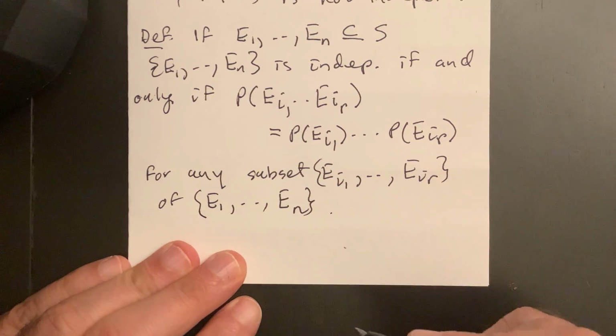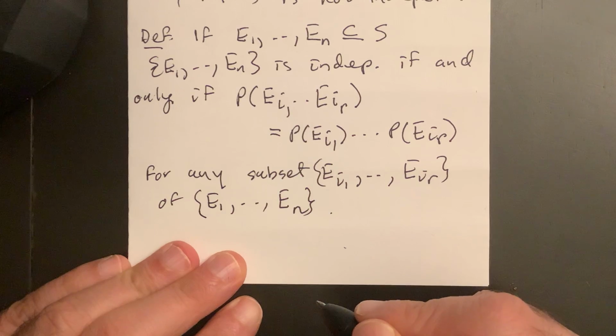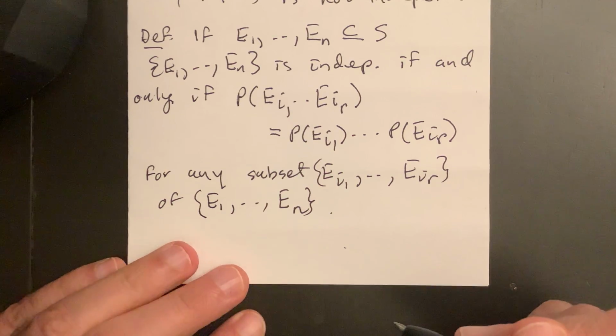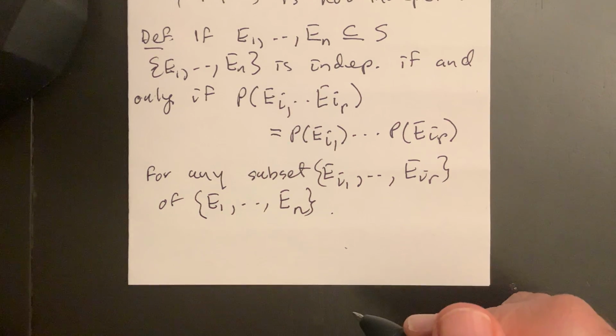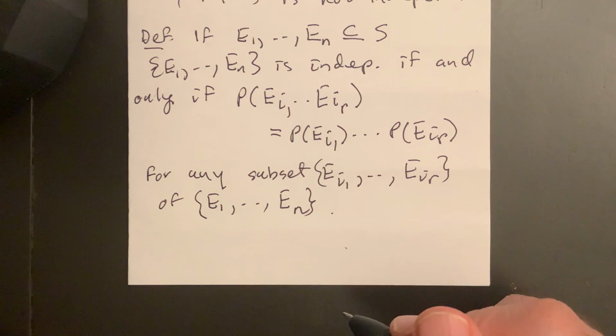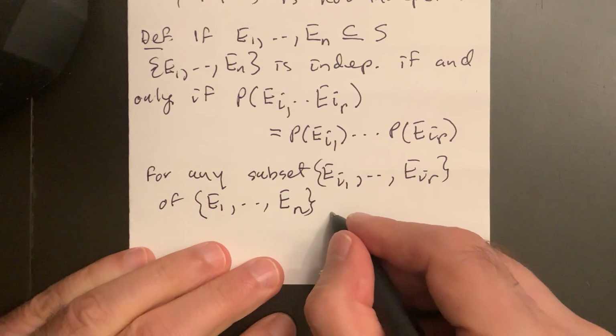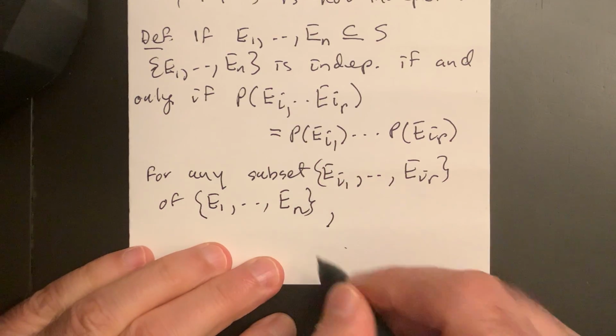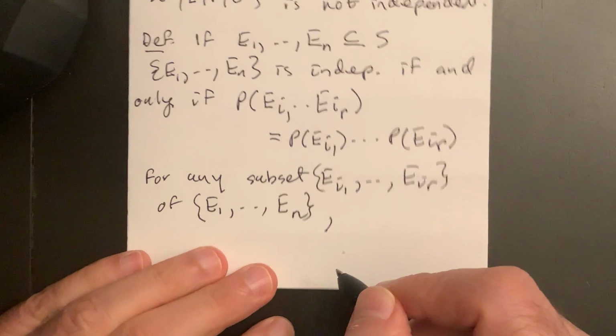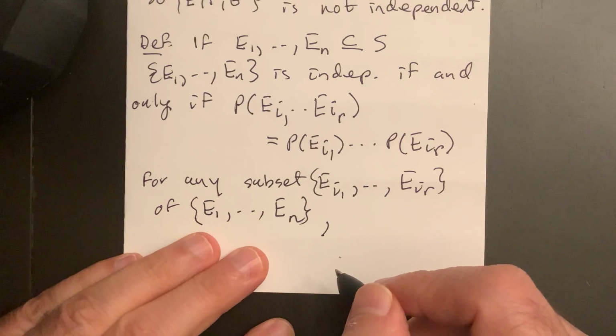So in the last example, it failed for the set itself, right? The set itself failed. All the pairwise subsets held, right? And just to be clear, we don't want single elements. It makes no sense to say one event is independent of itself or anything.